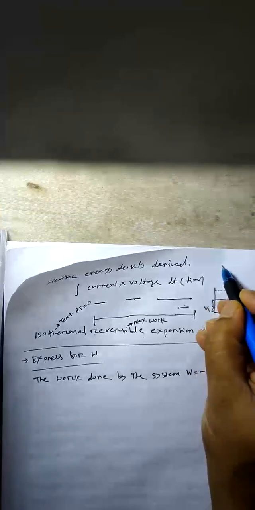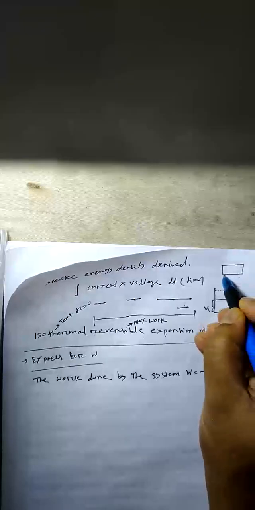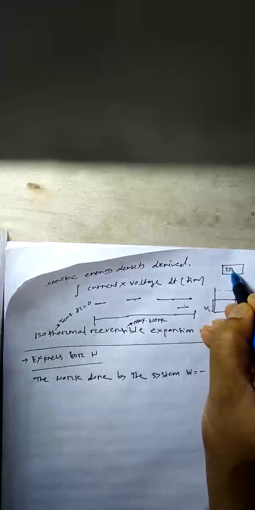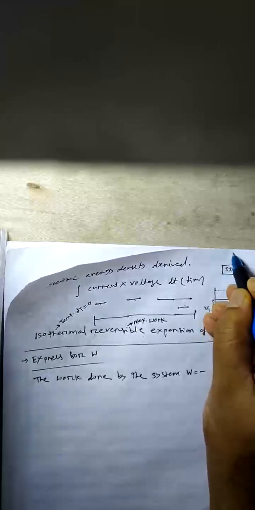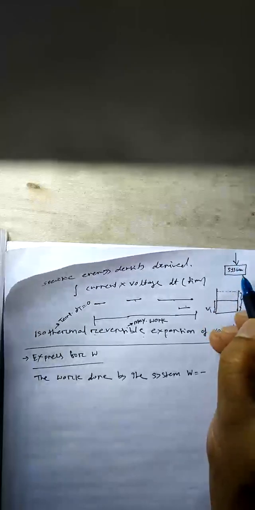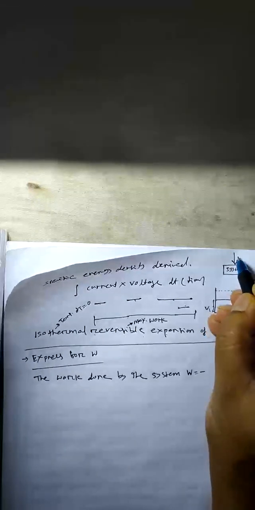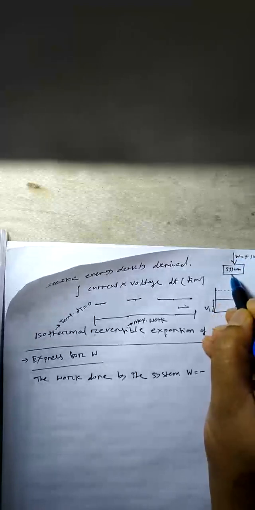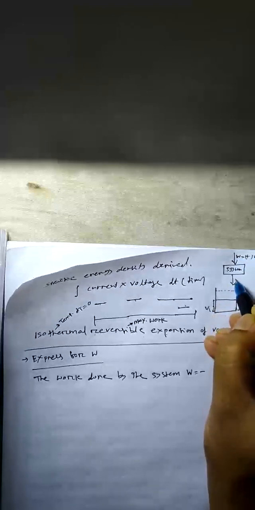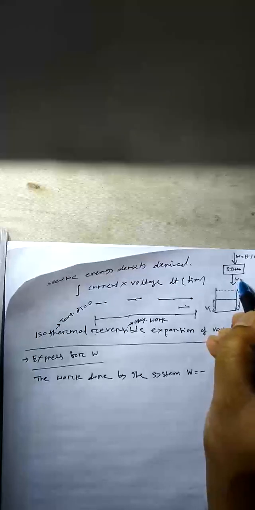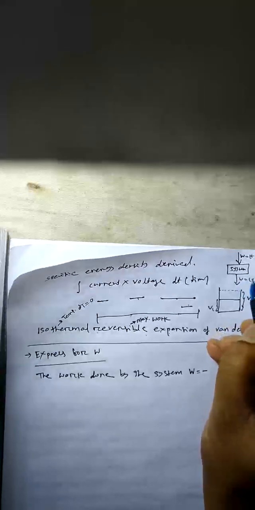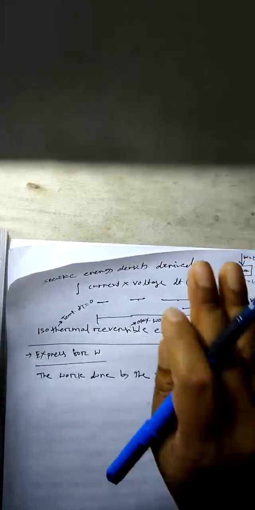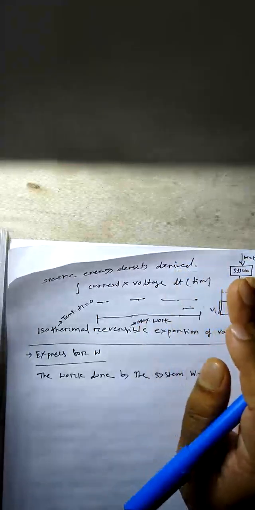You remember this diagram, this is the system. If work is done on the system, its energy increases, and in that case W is positive. If work is done by the system, its energy decreases, and in this case W is negative.